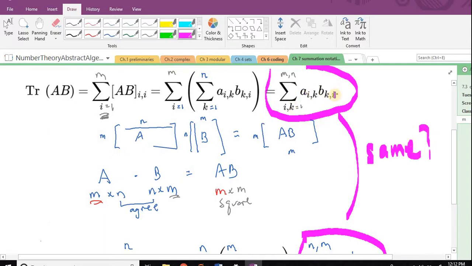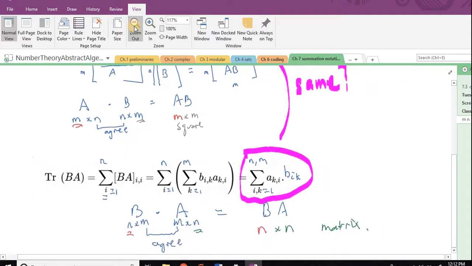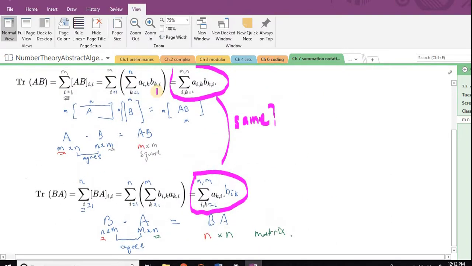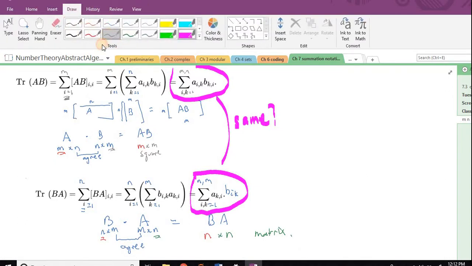All right, so this one says AIK BKI. This one says AKI BIK. Uh-oh, not the same. What's the problem? You need to substitute the variables because the variables run the opposite. The variables represent the same thing, but they're in the opposite order, if you will.